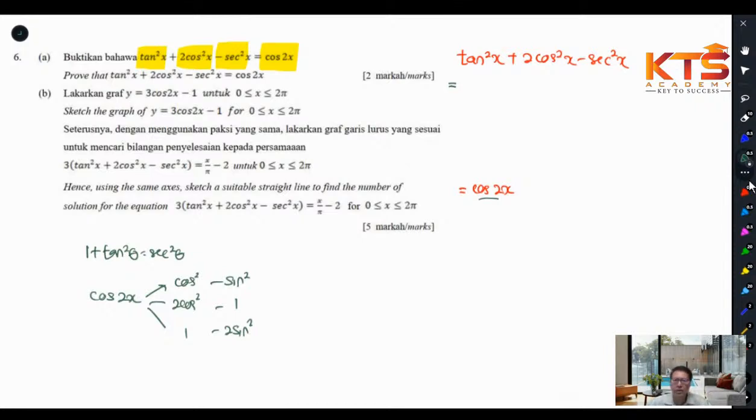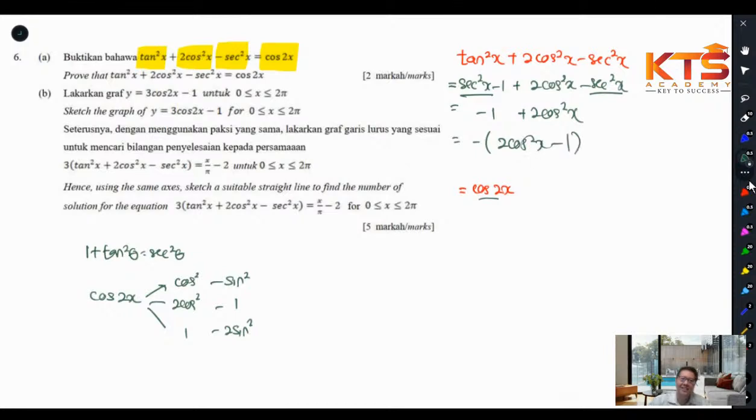Here, for sure I don't want tangent, or I don't want secant. So I simply choose one. Tangent square, I will write secant square x minus 1, and then 2 cos square x minus secant square x. Now, you will notice that you can cancel negative 1 plus 2 cos square x. And now the speed becomes faster already, right or not?